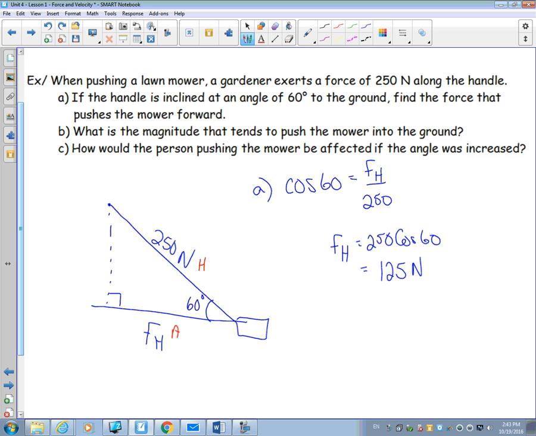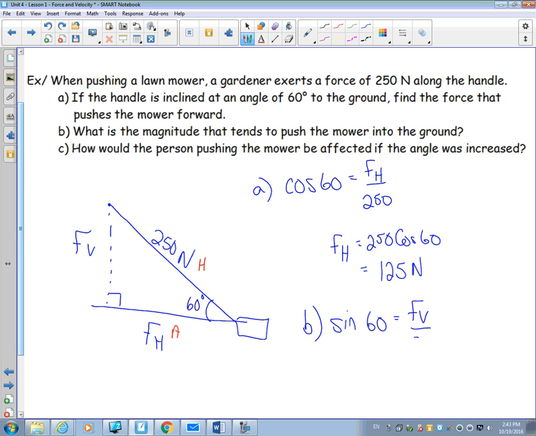Okay. Part B is asking us for the magnitude that tends to push the mower into the ground. Well, that would be the vertical force. And even though obviously when we're pushing a lawnmower, we're not trying to push into the ground, some of our force is helping to keep the mower on the ground. We are pushing down to some degree. Again, SOHCAHTOA, so sine 60 this time, since we have the opposite.